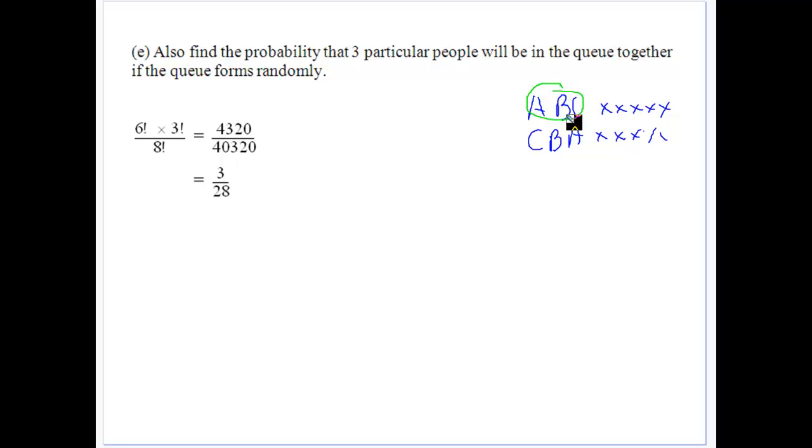But then in that one group, they can be arranged. They've just got to be in a queue together, so they can be arranged 3 factorial ways. So 6 factorial times 3 factorial. Remember we said the number of ways we could get that queue was 8 factorial. So there's our probability. It comes down to 3 out of 28 there.